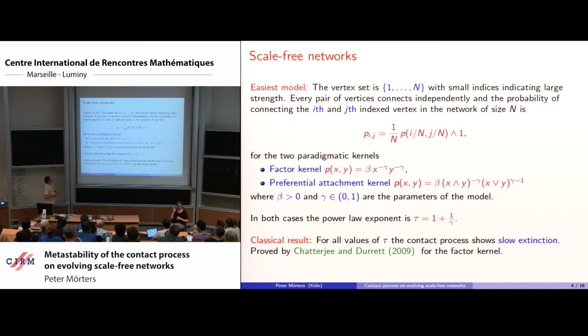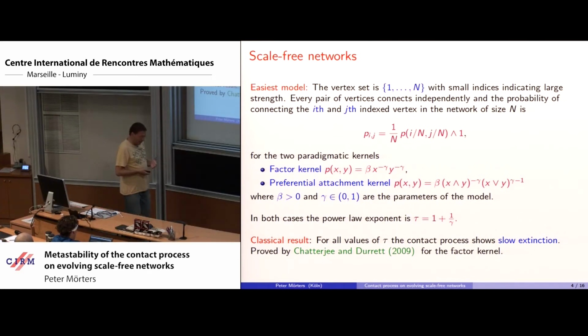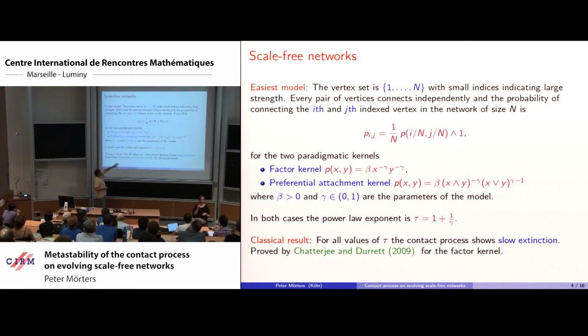And this makes the question interesting: when you let the network evolve and have an edge being present for some time, but then maybe remove it and then recreate it, you might see a behavior that is in between these two extremes. And that's actually what we will see.